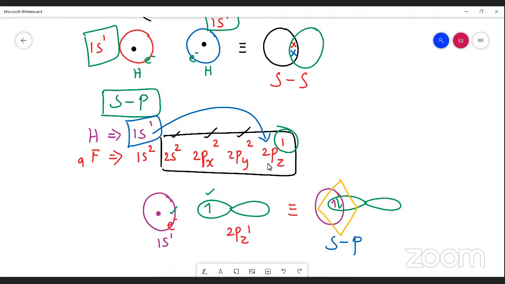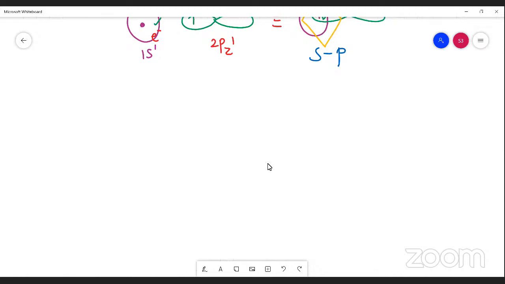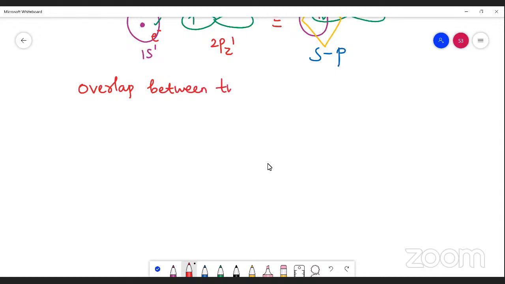This type of overlapping will always lead to the formation of a covalent bond. Similarly, overlap between two p orbitals will also result in the formation of a sigma bond. If two p orbitals overlap, that also results in the formation of a sigma bond.